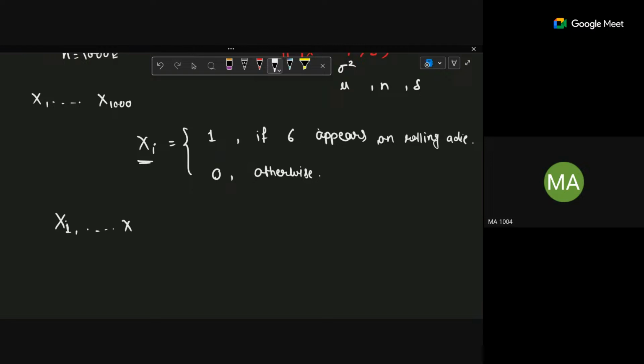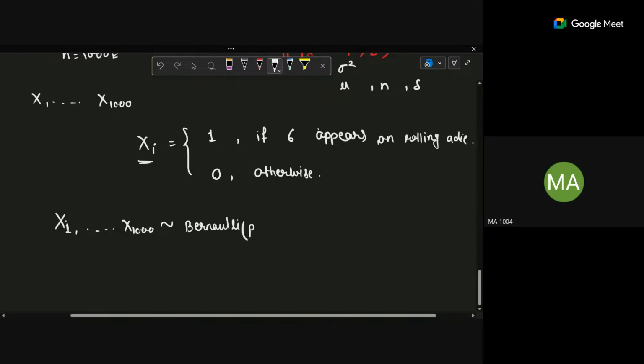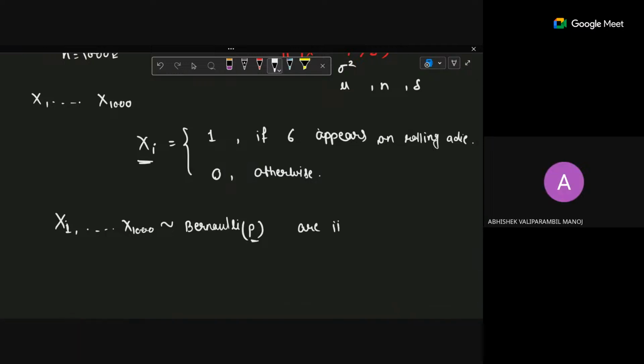So now your xi's, x1 to x1000, are following some Bernoulli distribution, right? If they are following Bernoulli distribution, then we need to write it with some probability. What will this P be? Probability of getting the 6.